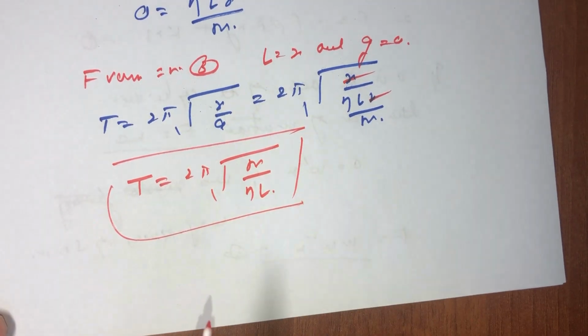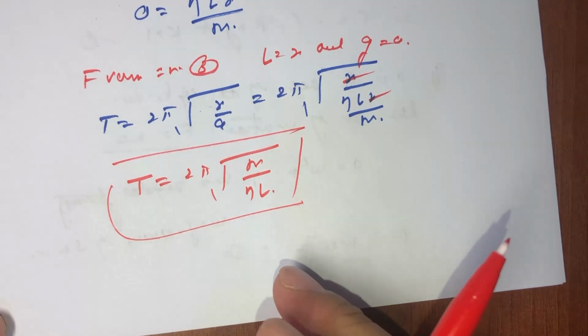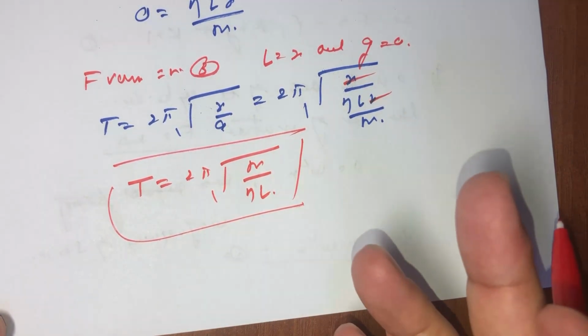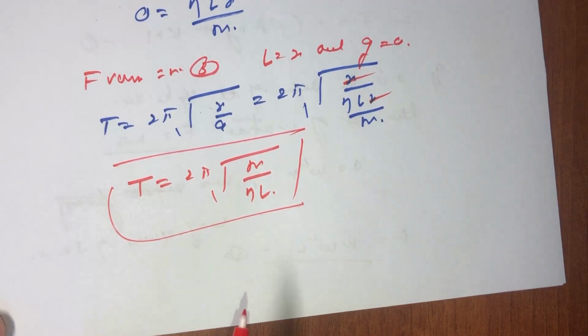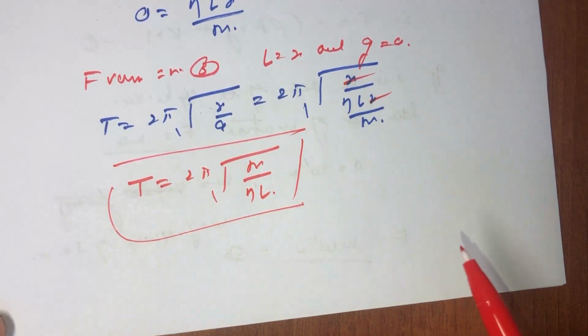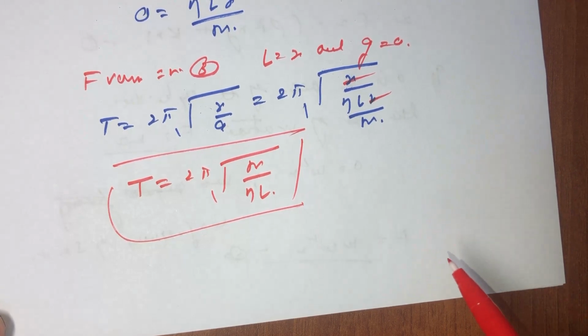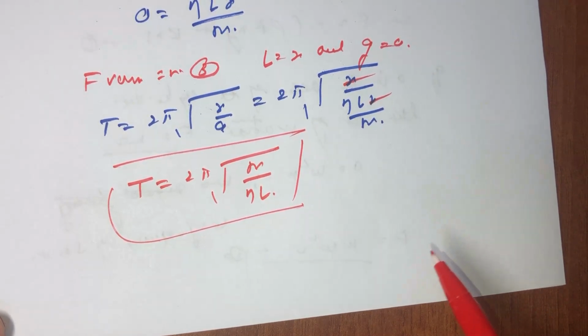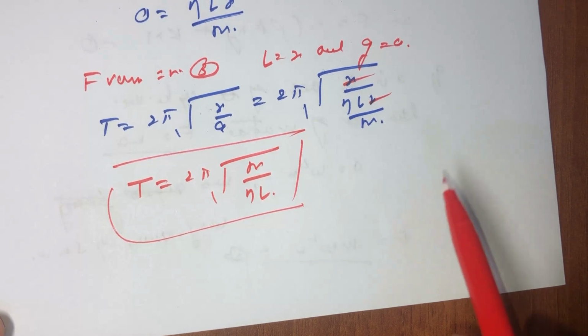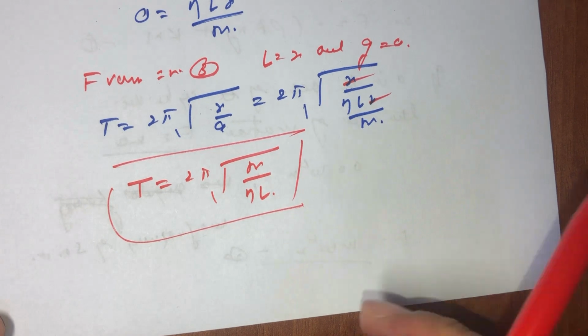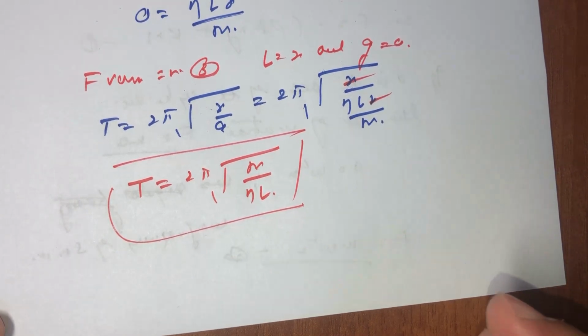Now this can be further modified. Suppose there are 3 blocks, of which the top one is A, the middle one is B, and the lower one is C. B and C have their moduli of rigidity, say η_B and η_C, and A is rigid.